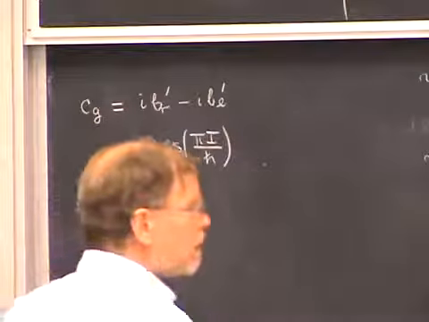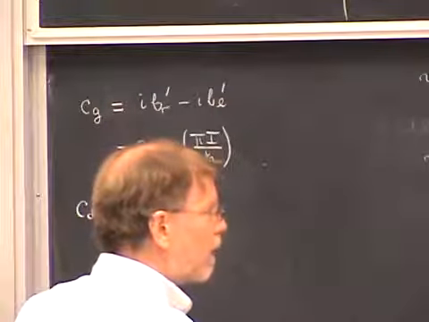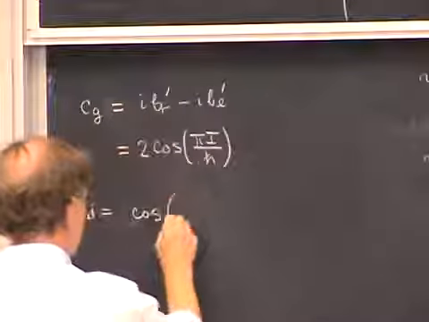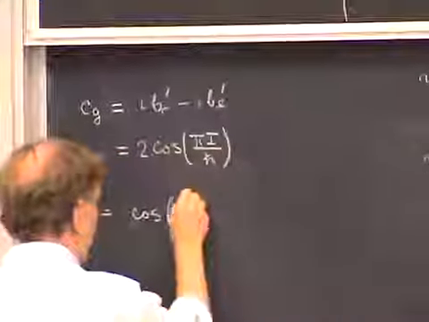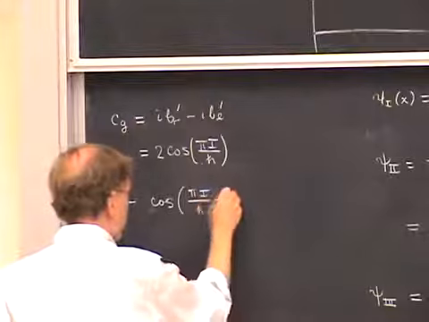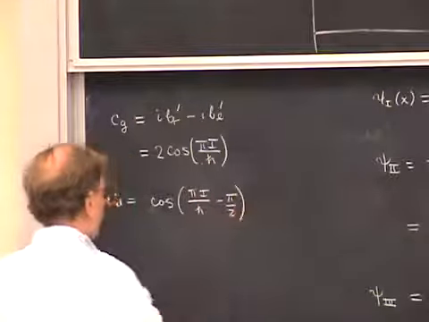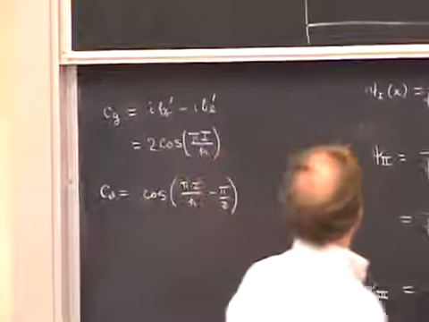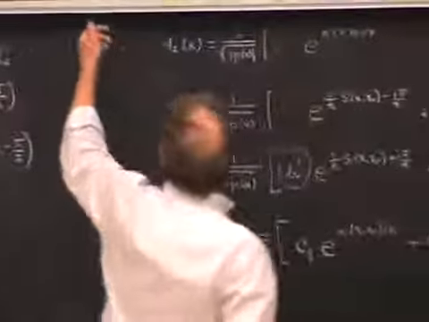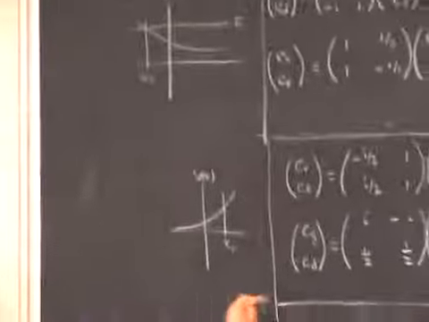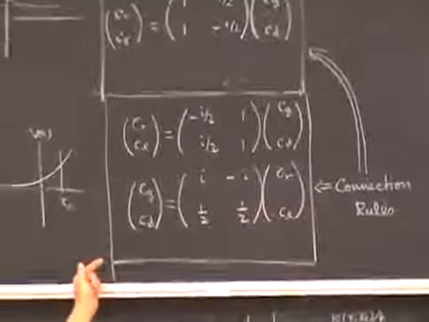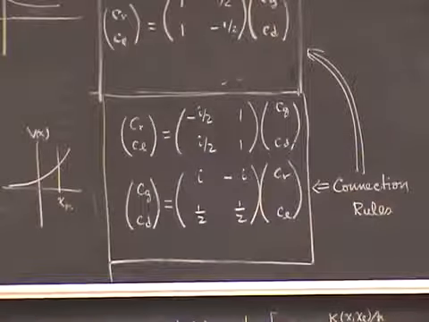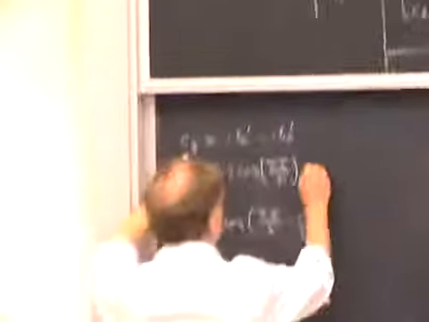Now it turns into a cosine of pi I over h bar minus pi over 2. All right. However, the coefficient of the growing solution in this classically forbidden region on the far right must be 0, by boundary conditions. So this we set equal to 0.